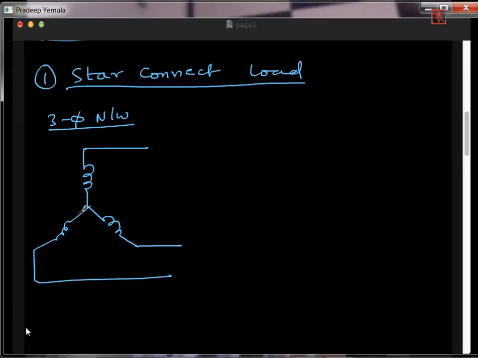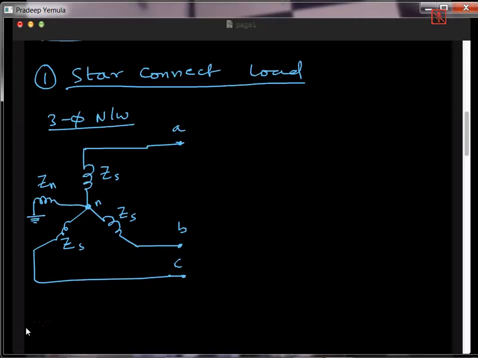It may have an impedance connected to the ground. So this is Zn, this is the neutral point, this is the A point, this is the B point, and this is the C point. And this is Zs, Zs, Zs. So for simplicity, I am not assuming any mutual impedance between them.